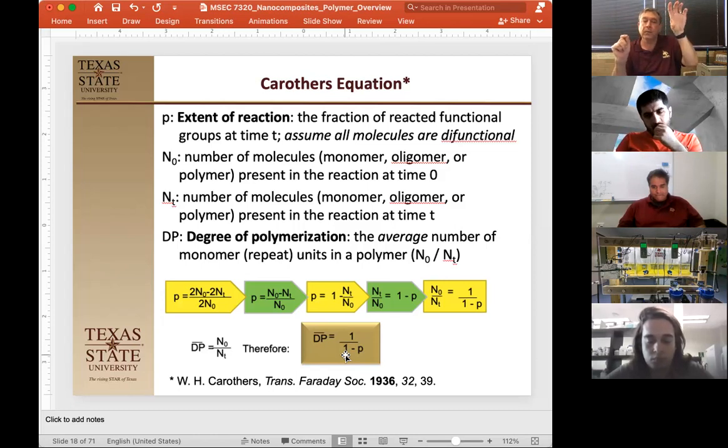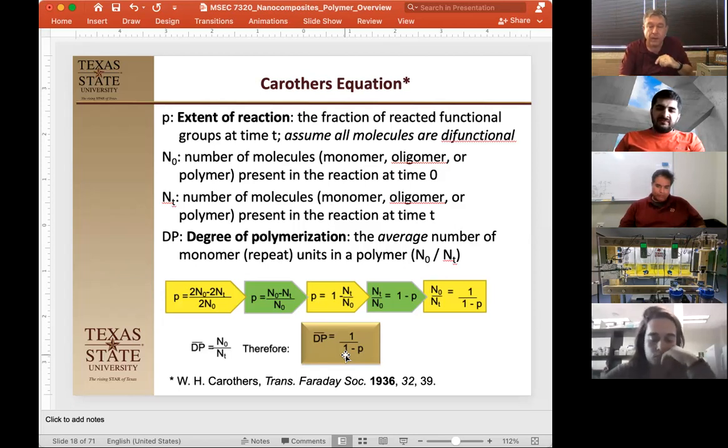So the number of monomers that we started with is always going to be higher than the number of molecules we have at some time T, because we've added them together. So the number at the beginning is going to be greater than the number at the end, and we get this ratio of 1 over 1 minus P. And that gives us our degree of polymerization.